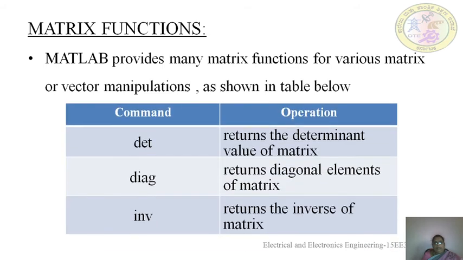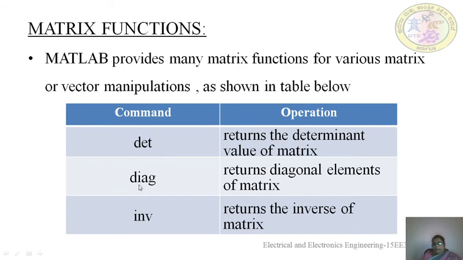MATLAB also provides us with various matrix functions. These are inbuilt functions in MATLAB. A few of them are DET, which returns the determinant value of the matrix. At the command prompt, when you type the DET command and give the name of the matrix, you will get the determinant of that matrix.